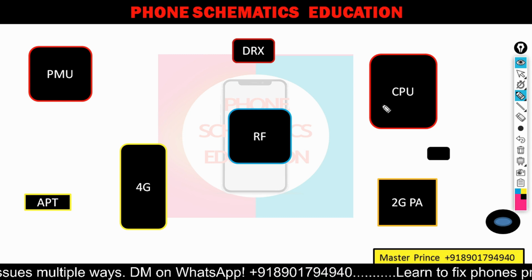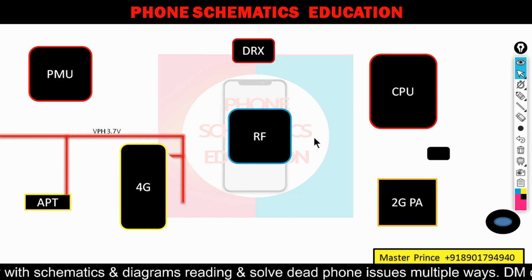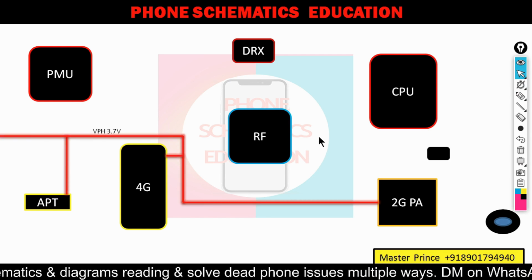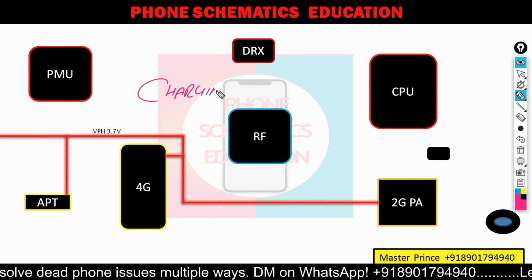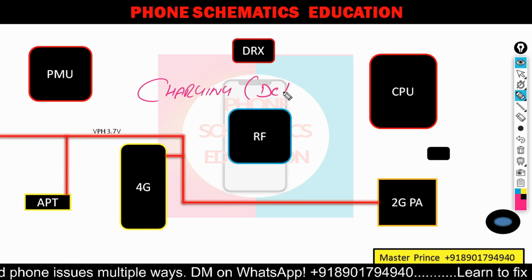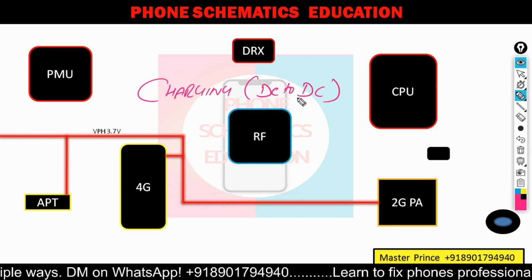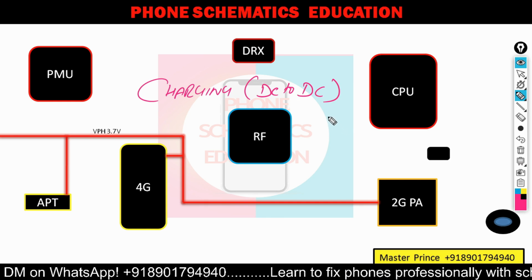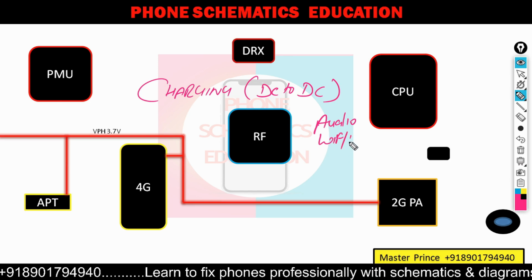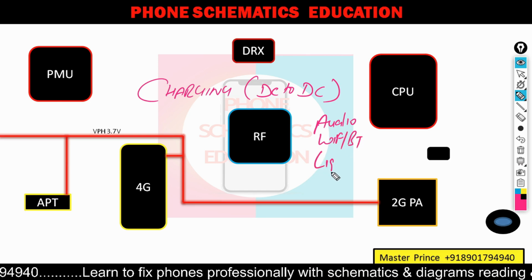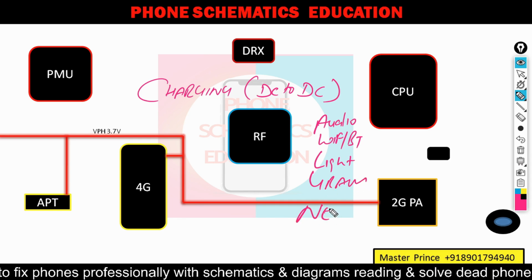First of all, the first one is VPH, 3.7 to 4.2 volts. This VPH comes from the charging IC, or you can call it the DC to DC. Everybody knows how the VPH is generated, clear? So VPH goes to multiple sections in your motherboard, like audio, Wi-Fi, Bluetooth, light IC, graphics, similar to the network section.